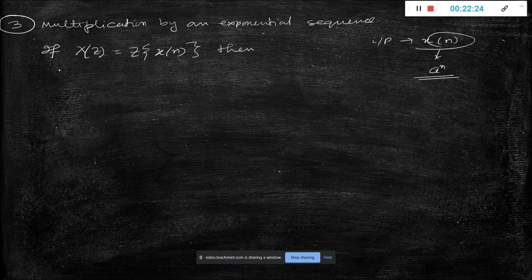So then z transform of a to the power n x of n equal to x of this one. Okay. So now if any exponential sequence is multiplied with the input, then the output will be this. That is, this a to the power minus 1 z transform will be there. Okay. Now we will see how it will be proved.